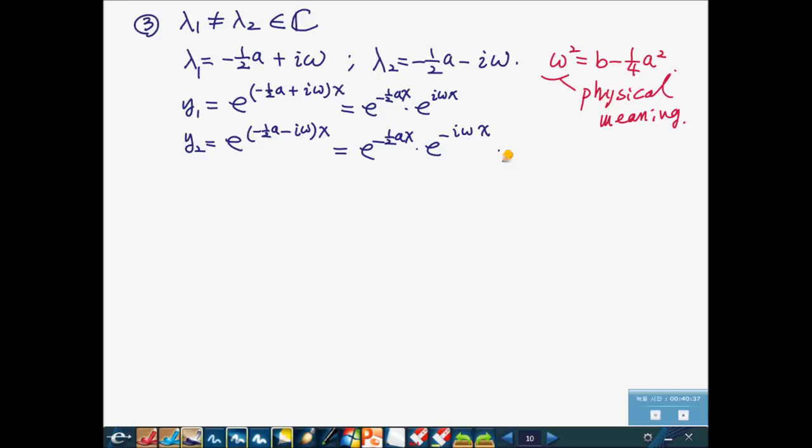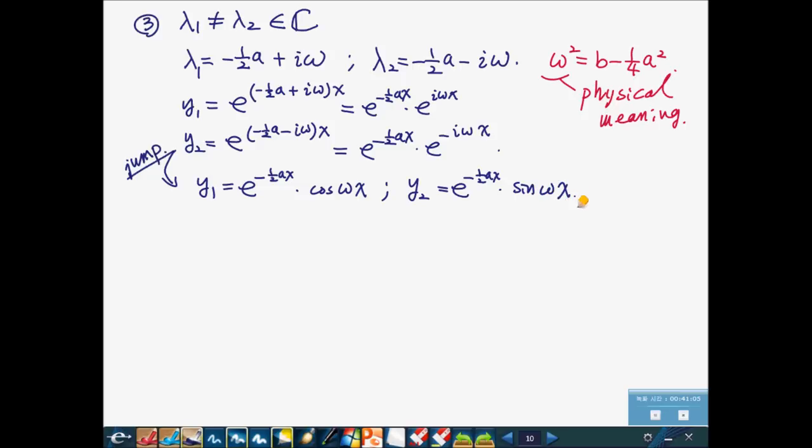Then I need a jump. I told you jump, okay? A jump in logic. I have to say, I don't want to, but I have to. There's no choice, I guess. So our basis, y1 is e to the minus 1/2 ax times cosine omega x. And our y2 is e to the minus 1/2 ax times sine omega x.